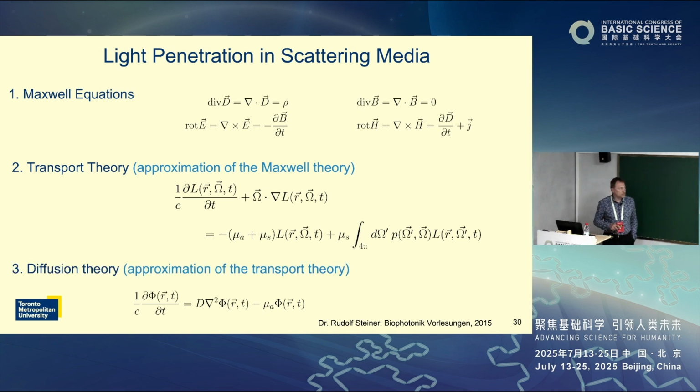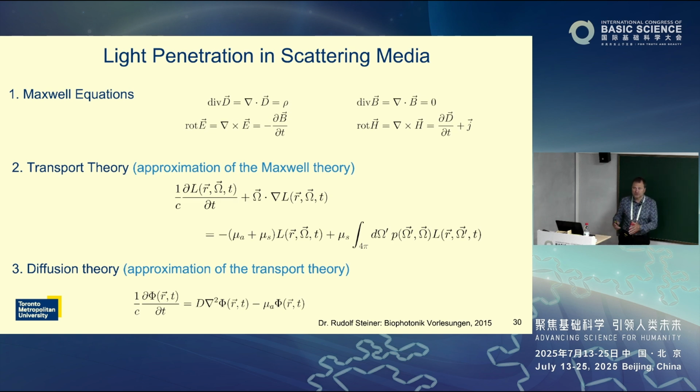The third approach is a diffusion theory. At a distance more than the transport mean free path, when all photons become multiple scattered and diffused, we can apply a spherical symmetry. And as a result, we end up with a diffusion theory, which is an approximation of the transport theory.